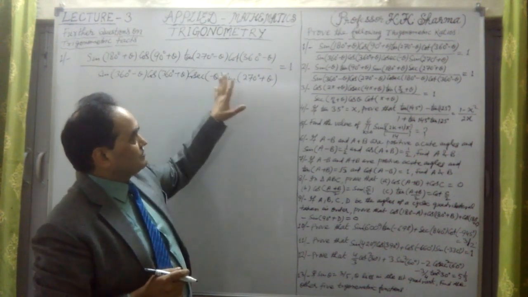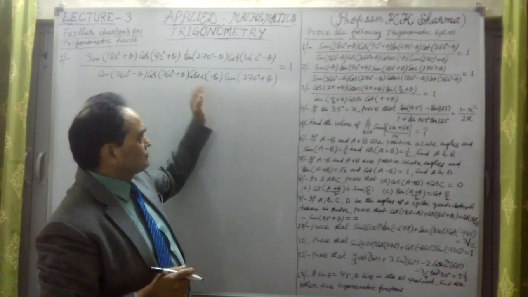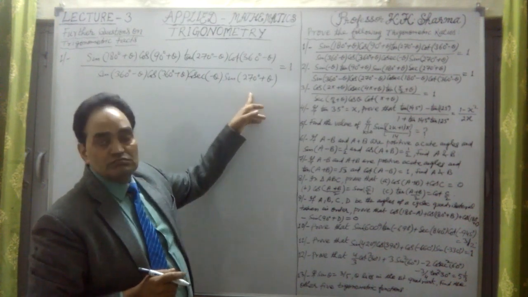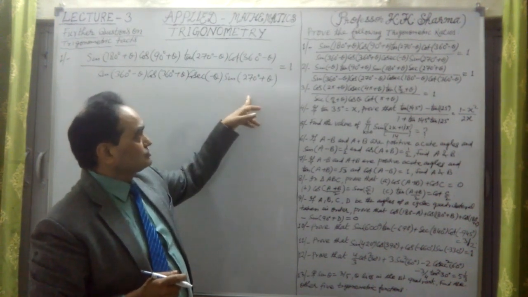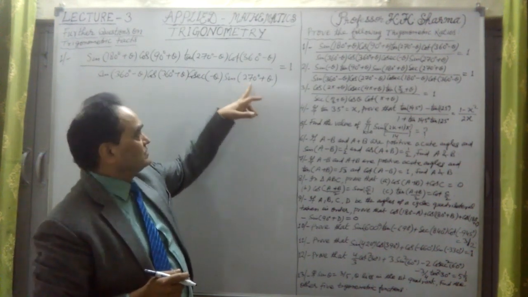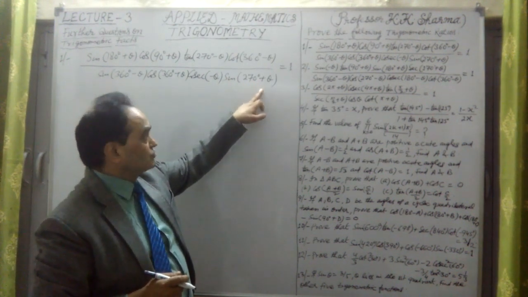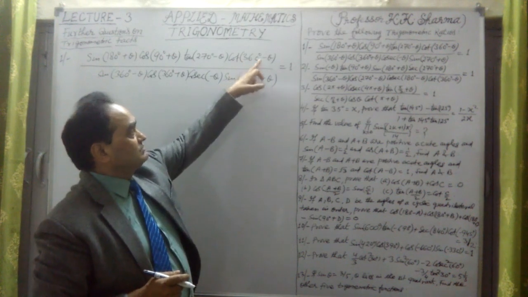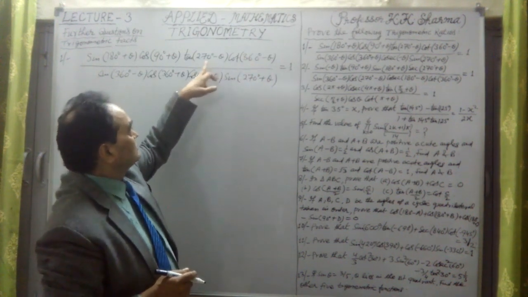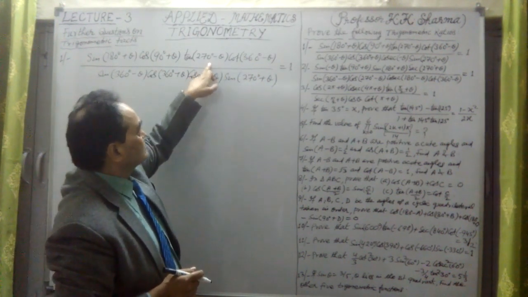Now on the left hand side we have almost all four quadrants. 270 degree plus theta is in the fourth quadrant. 360 degree minus theta is the fourth quadrant. 270 degree minus theta is the third quadrant.